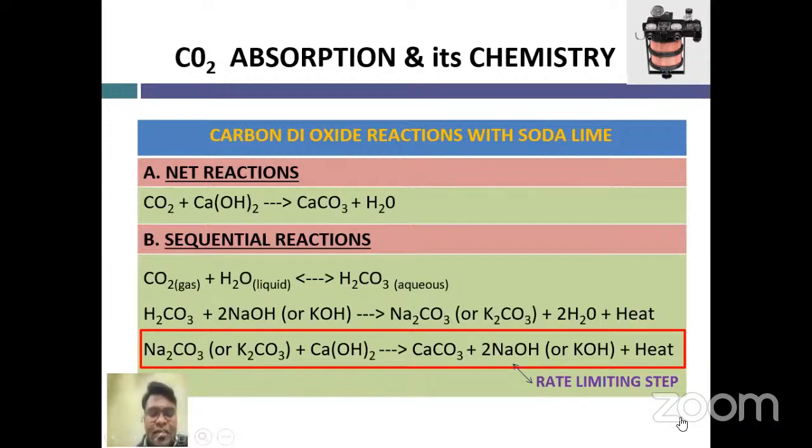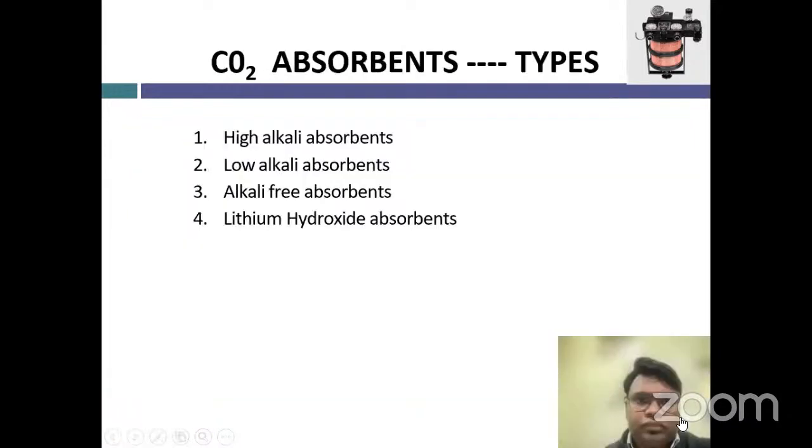The answer is that the reaction between calcium hydroxide and carbonic acid is a very slow reaction, while sodium and potassium, being placed higher in the periodic table, react readily with carbonic acid in comparison to calcium hydroxide. You must also notice that sodium hydroxide, which was converted to sodium carbonate, is regenerated back to sodium hydroxide in the final reaction. Hence, sodium hydroxide is considered a catalyst.